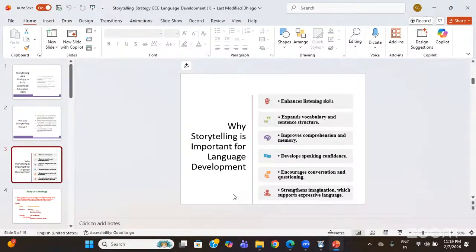Here we are saying listening skills, which means that the teacher's language while narrating the story will be captured by the child, and he uses the same phonetics, same words and the meaning of the words, and he will put them in his vocabulary bank. When the story you are narrating captures their attention, their joy and interest, they will be more involved in the story, so their listening skills are enhanced and improved.